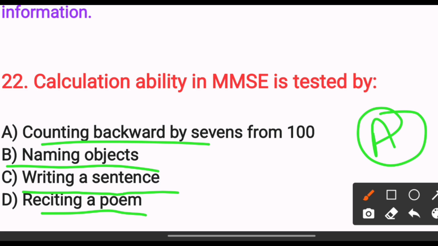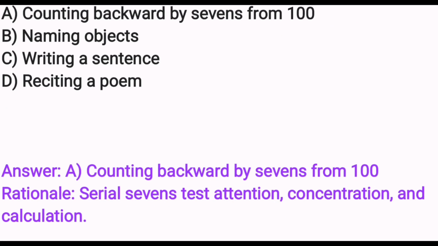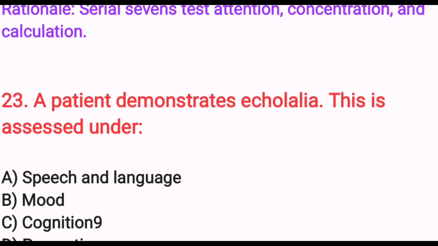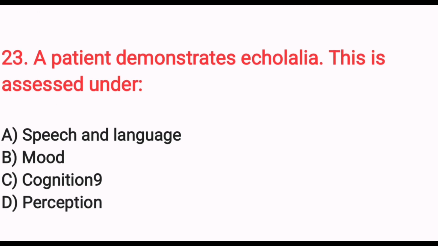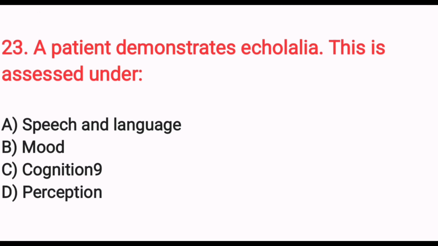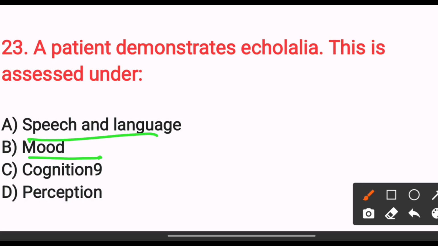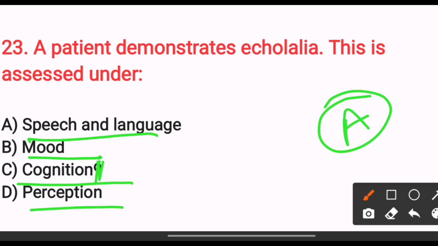Next, a patient demonstrates echolalia. This is assessed under option A, speech and language. Option B, mood. Option C, cognition. Option D, perception. The answer is option A, speech and language.